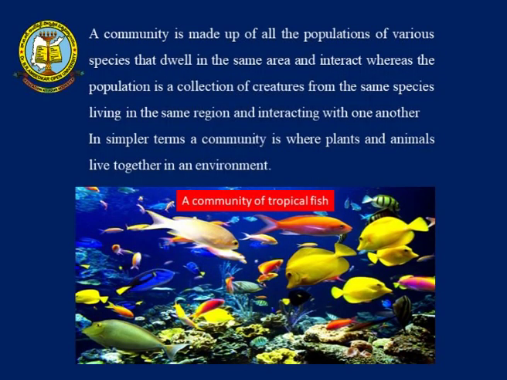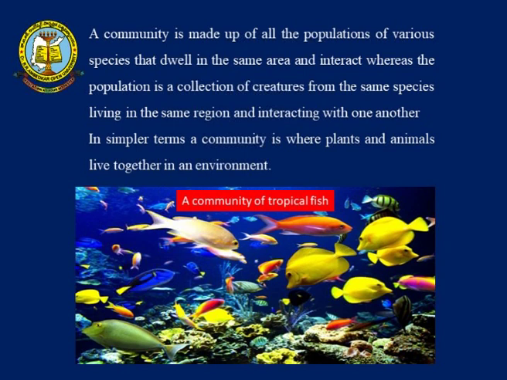So, a community is made up of all populations of various species that dwell in the same area and interact, whereas a population is a collection of creatures from the same species living in the same region and interacting with one another. So, they have to interact with one another and only then they can flourish. In simpler terms, a community is where plants and animals live together in an environment.